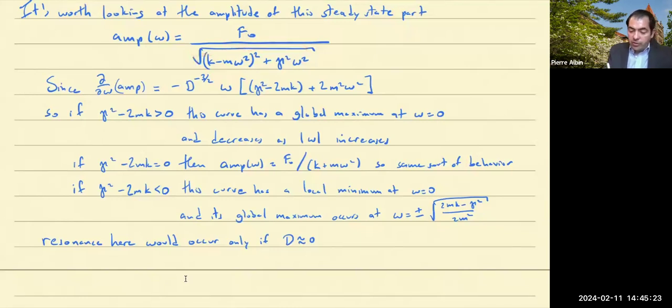So for that to be close to 0, this term would have to be close to 0, and this term would have to be close to 0. And that only happens if gamma is close to 0 and omega is close to the natural frequency from last time. Okay, so this is only happening when you have no damping, and then it's the case we considered last time.